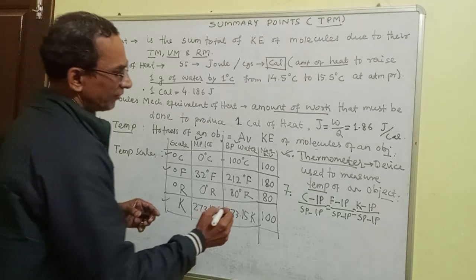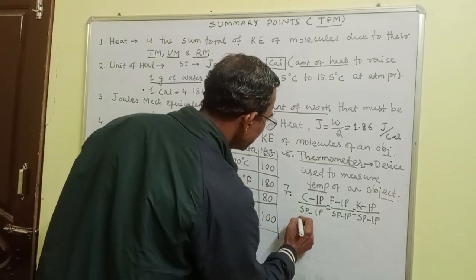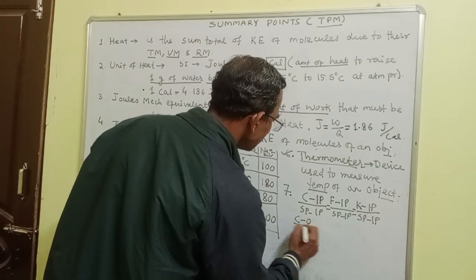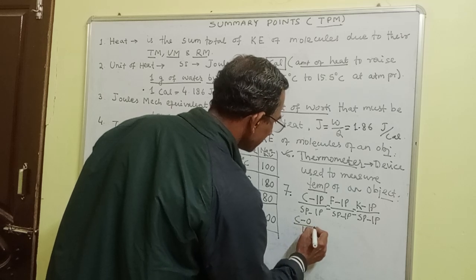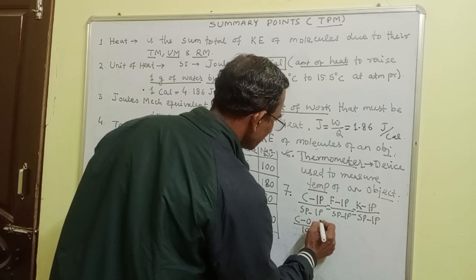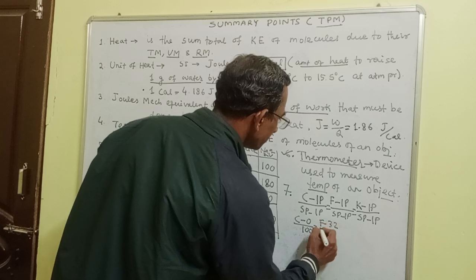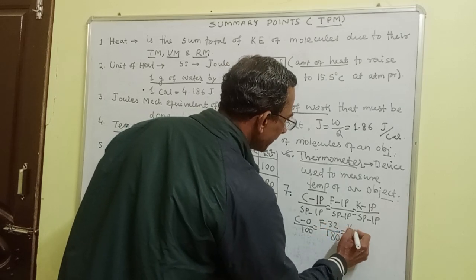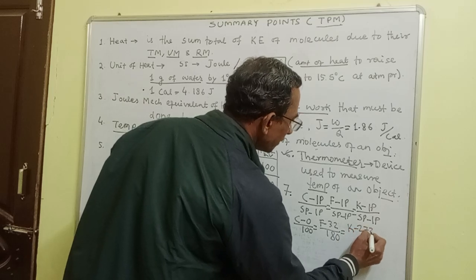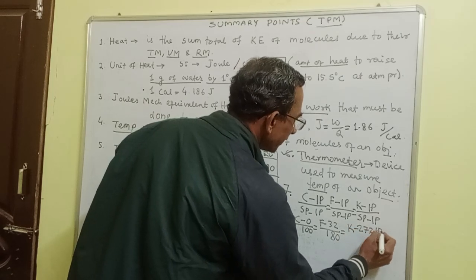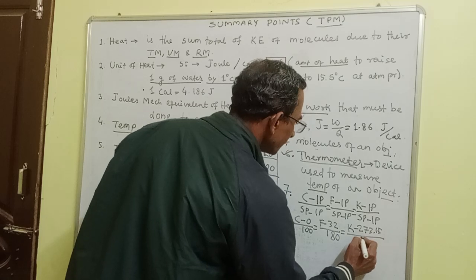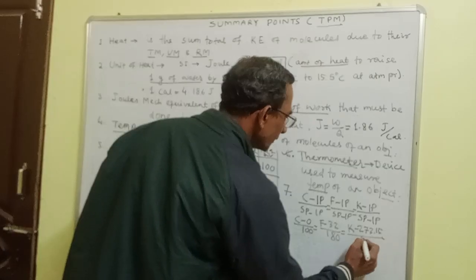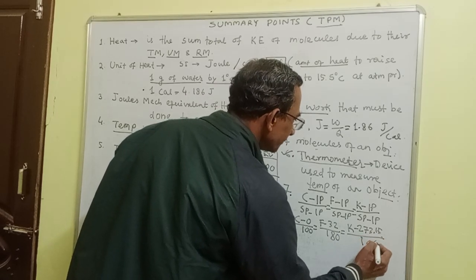In that, we'll find the value will be C minus 0 by 100 is equal to F minus 32 by 180 is equal to K minus 273 or 273.15 by 100.